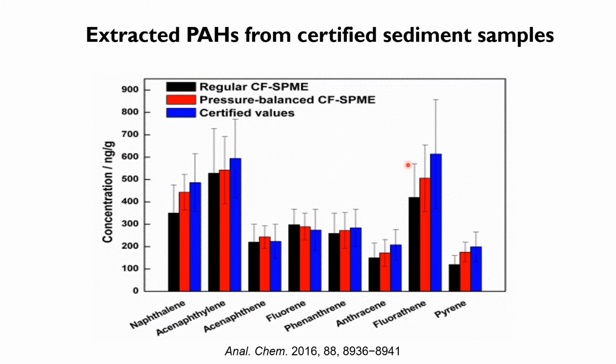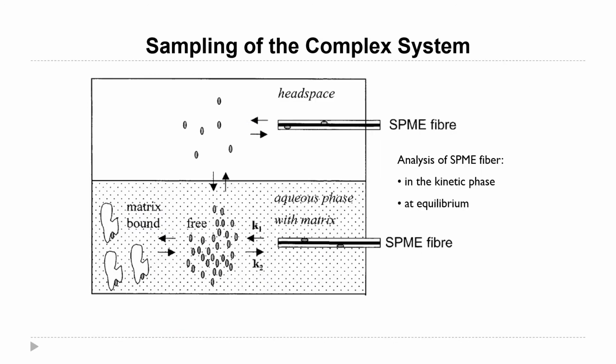As you can see, there is a good agreement between cold fiber SPME and the certified values. The pressure balance means that I reduce the pressure at the beginning to not produce additional pressure by heating the vial, but the results are very similar.